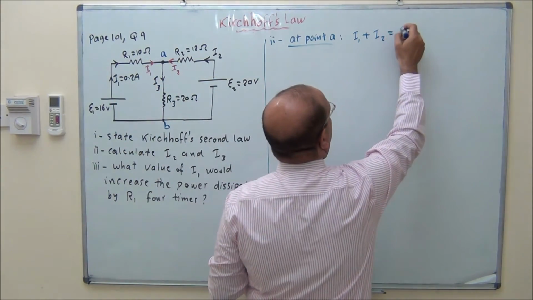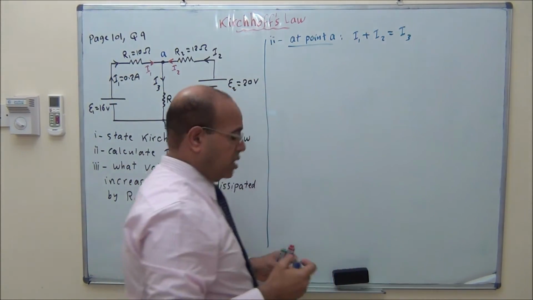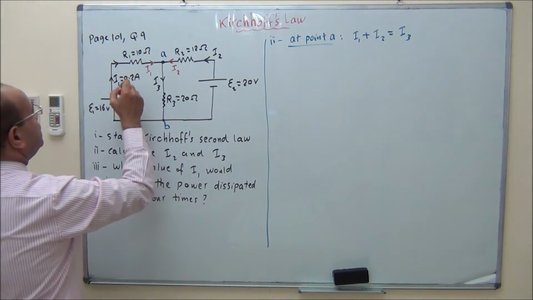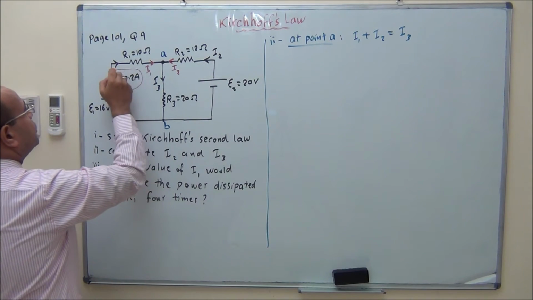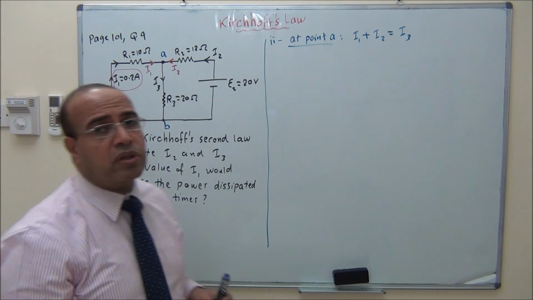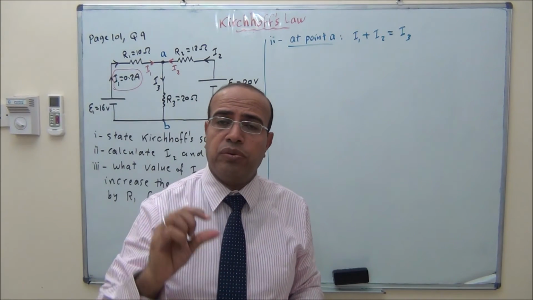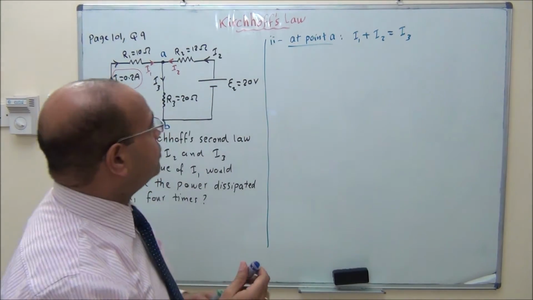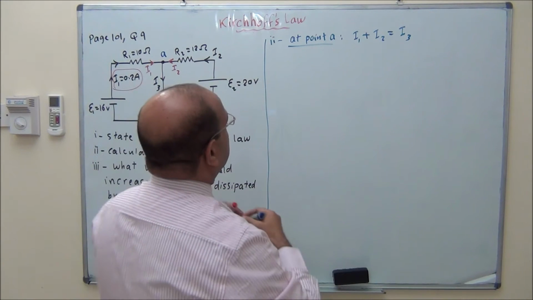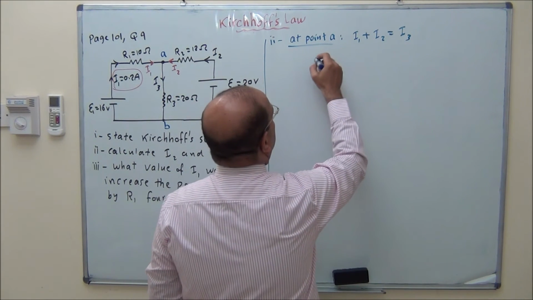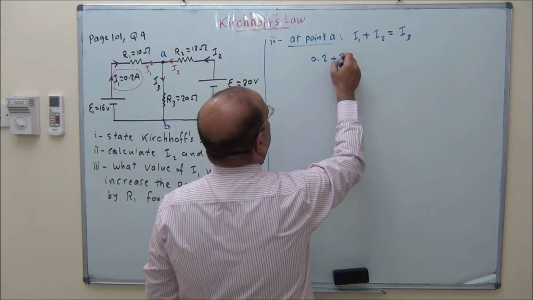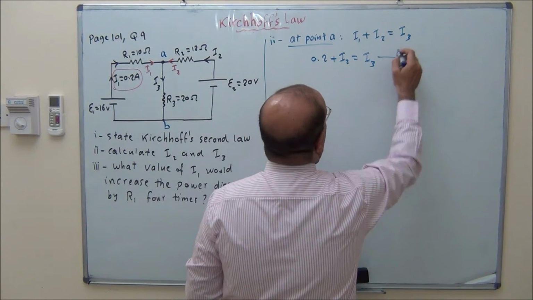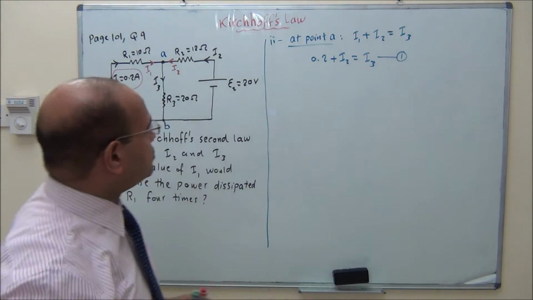So, it's equal to I3. But here, we have given I1 equals 0.2 ampere. So, replace I1 by its value to minimize the number of unknowns. So, 0.2 plus I2 equals I3.